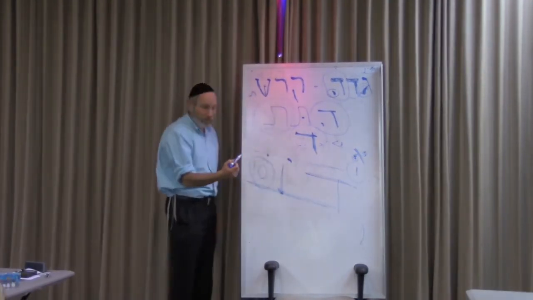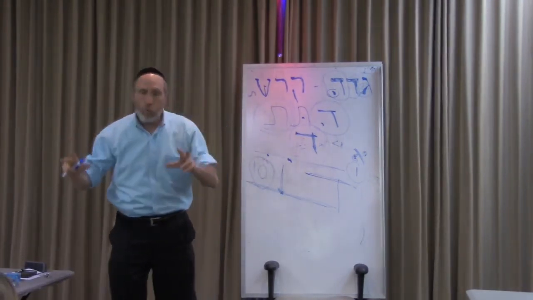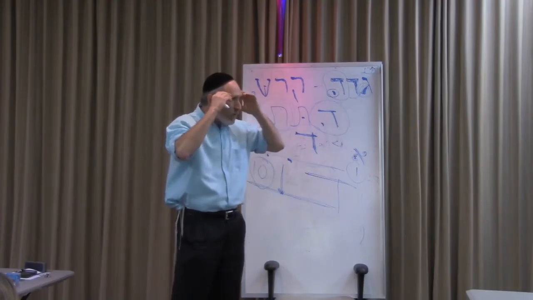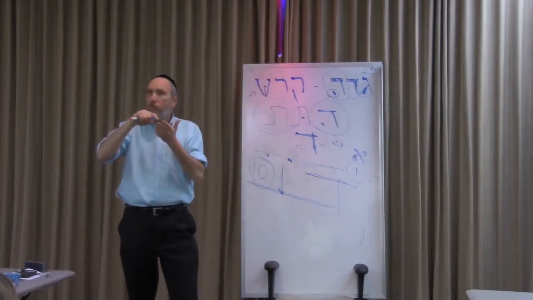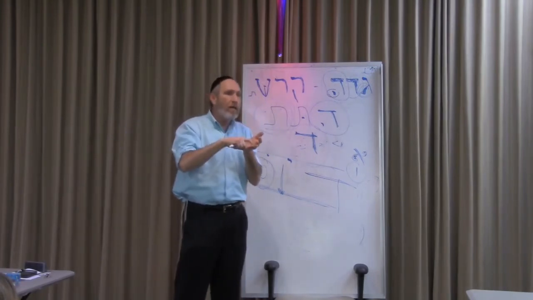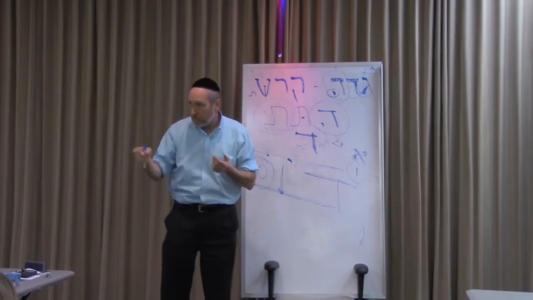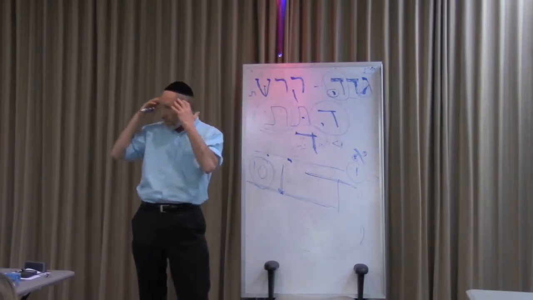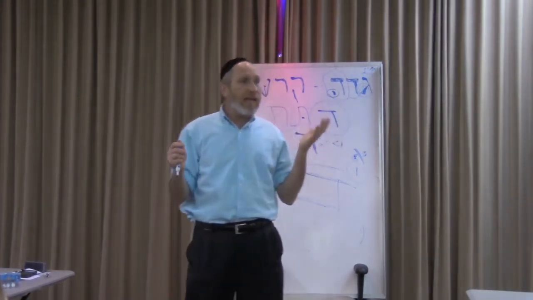So we talked about that in the first session. The Yud represents the spiritual world, the concept. It's a concept. It's called a cognitive number. 1, 2, 3, 4, 5, 6, 7, 8, 9. And then when I get a 10, it's one set. It's a set. I still do this to this day: how much is 8 and 5?